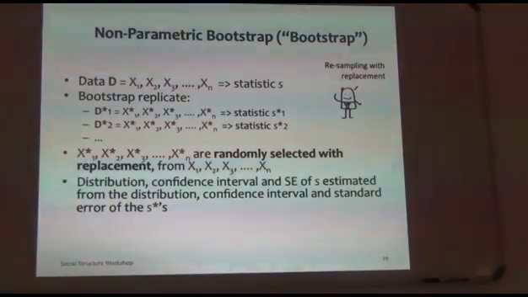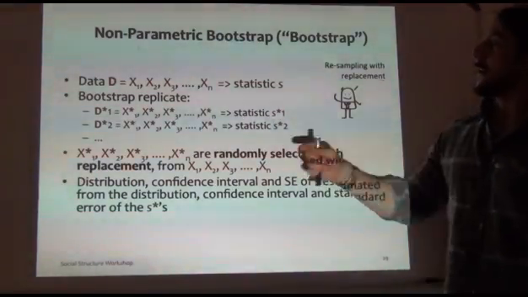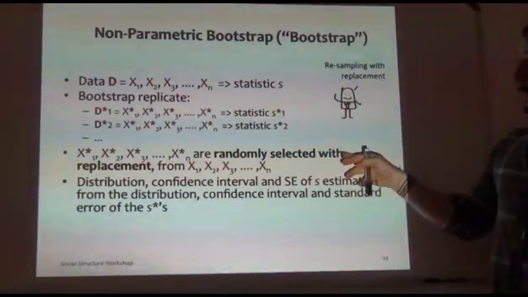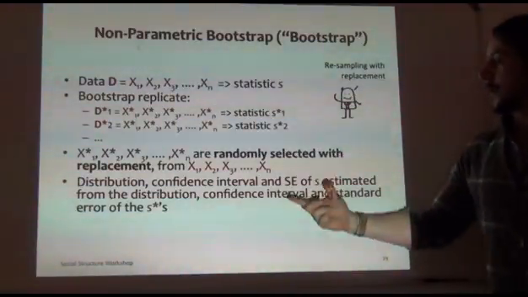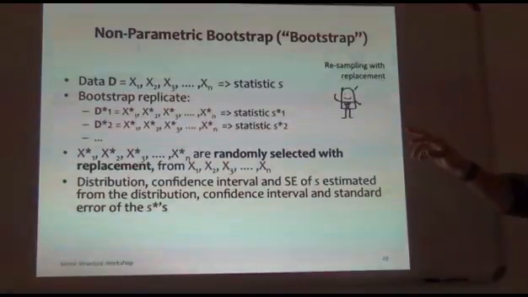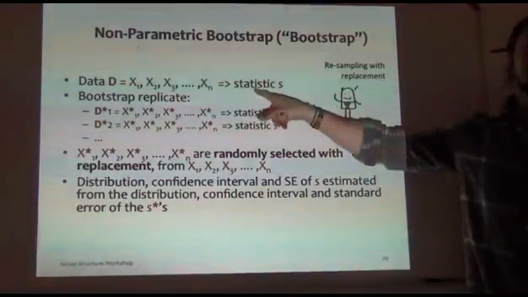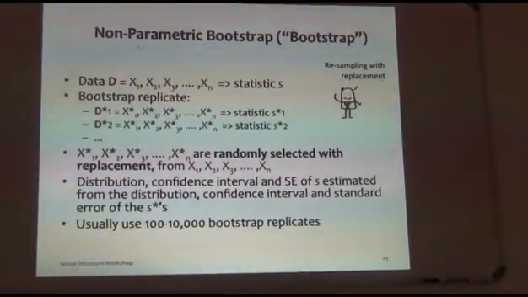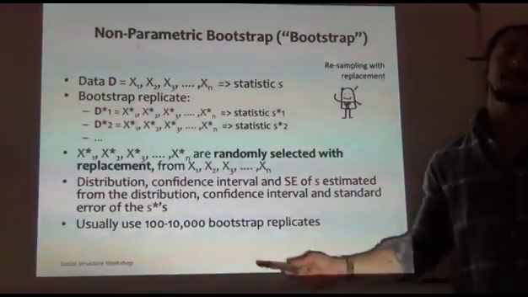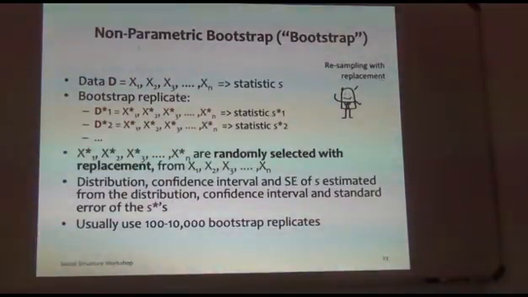So we randomly select new samples with replacement, and then we can calculate standard deviation and confidence intervals from this distribution of our statistic, the mean in our case. Usually 100 to 10,000 replicates will give you a good estimate.